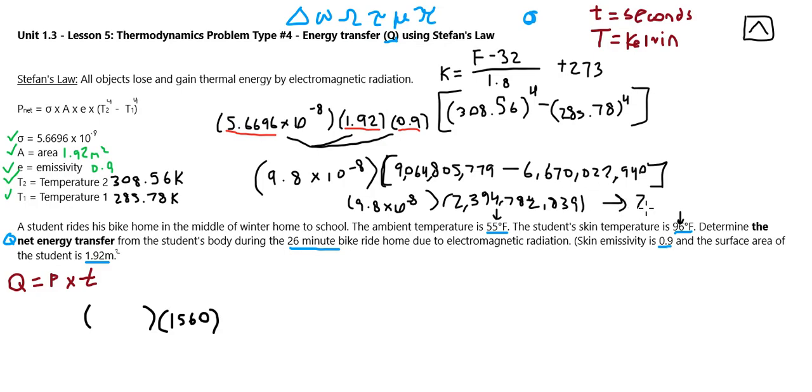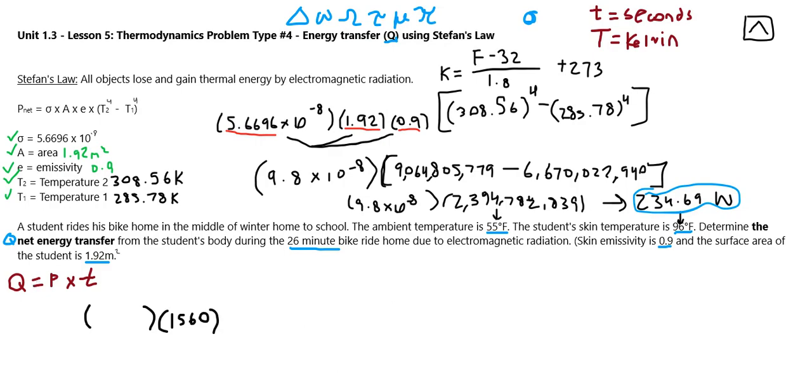We get 234.69 approximately. And then what's the unit for power? It is watts, so W. We did all of that only to get the P. That's not even our answer to this question.